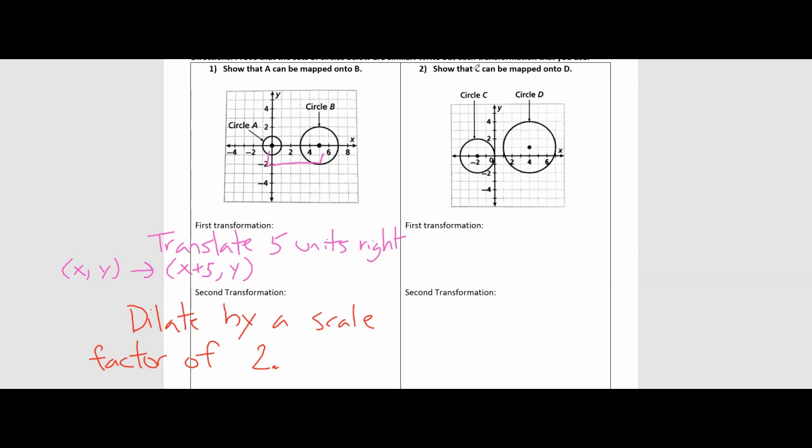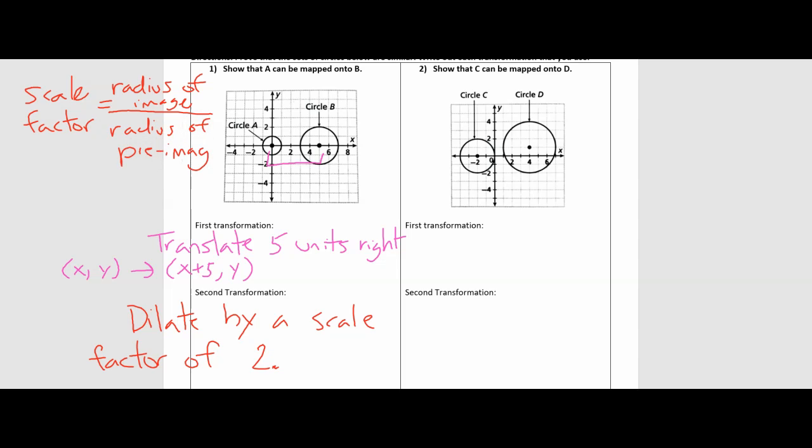So scale factor. To find that, you can do the radius of the image over radius of the pre-image.